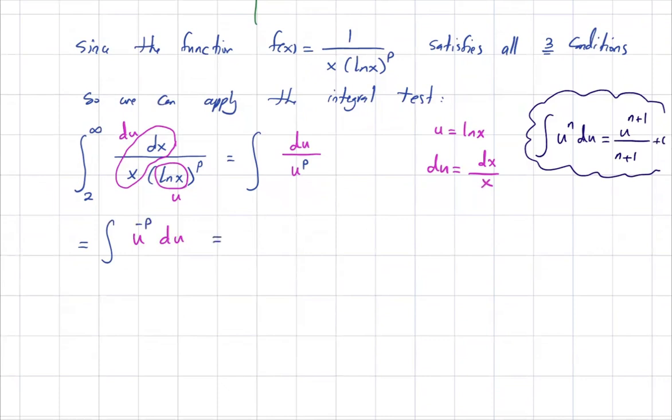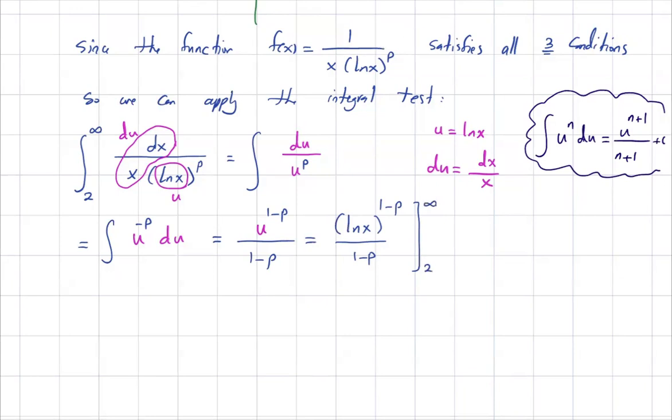which is equal to u to the power 1 minus p divided by 1 minus p. But what is our u? The u itself is ln of x. So you have ln of x to the power 1 minus p divided by 1 minus p as x ranges between 2 and infinity.